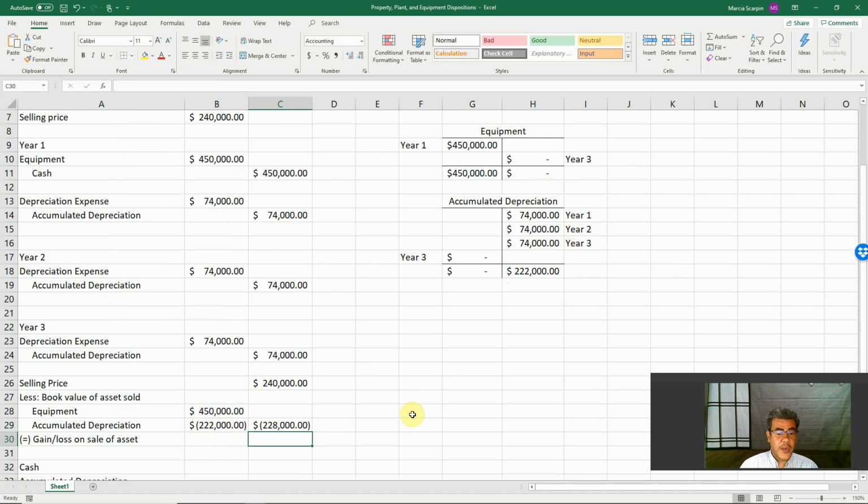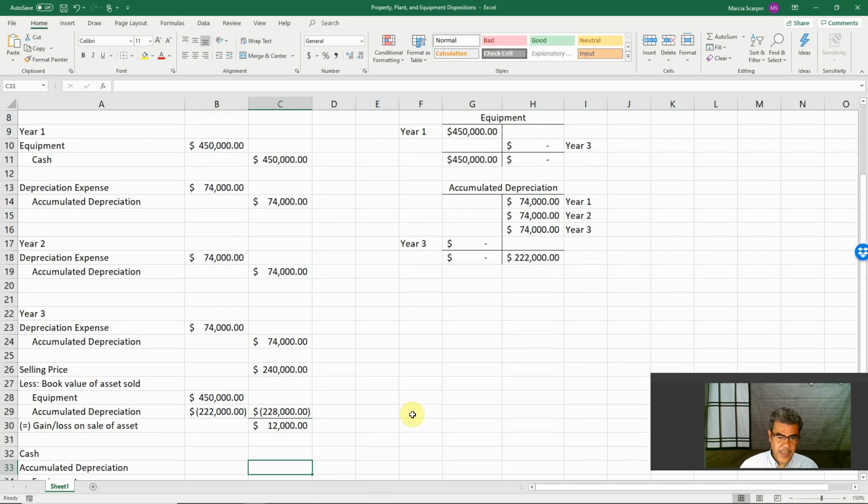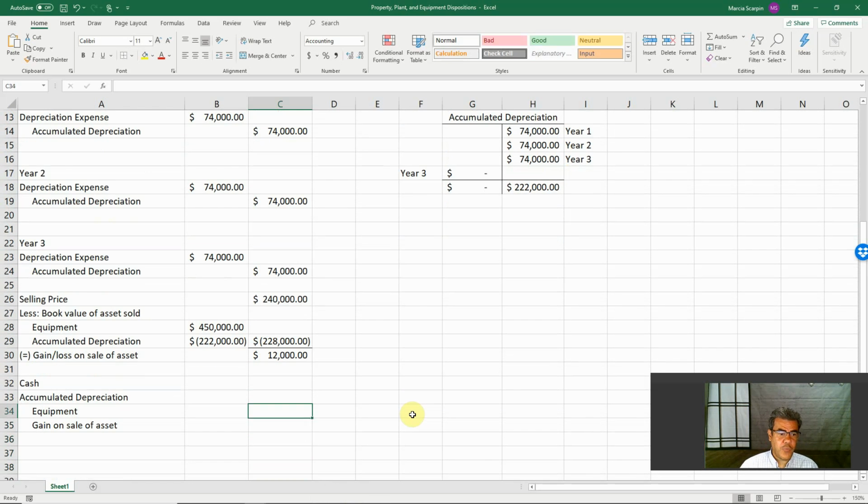So our book value is 228. So our gain or loss, we sum these numbers here, and we have a gain of $12,000.